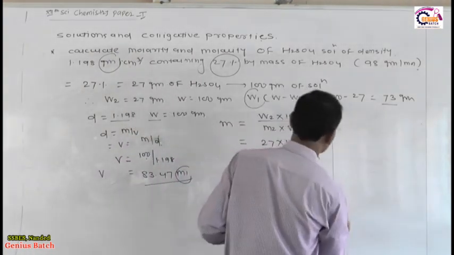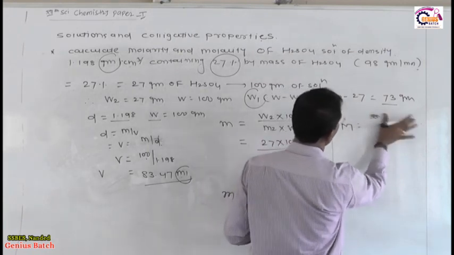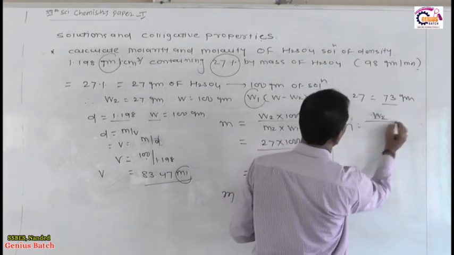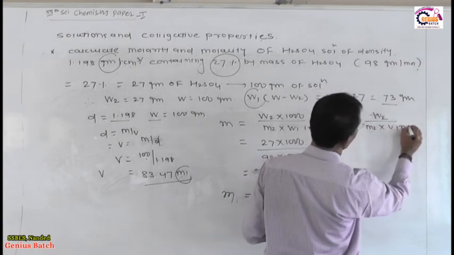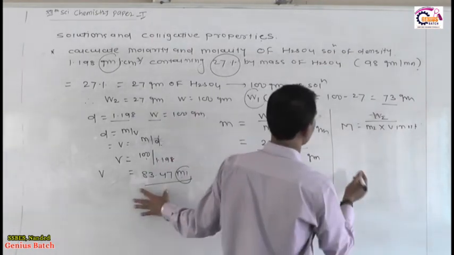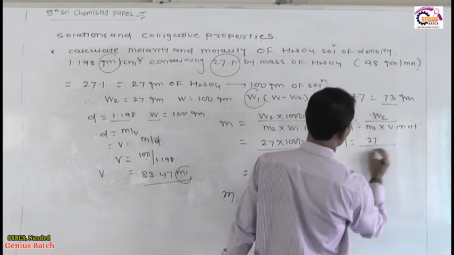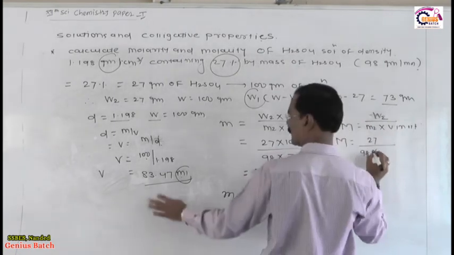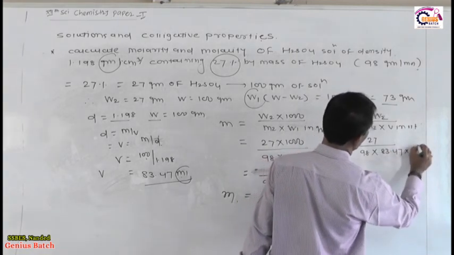Now dear student, calculate the capital M, molarity. Molarity is equal to W2 divided by M2 into V in liter. Now this volume is in ml, so you consider 10 raised to minus 3. Therefore capital M is equal to 27 divided by 98 into 83.47 into 10 raised to minus 3 liter.